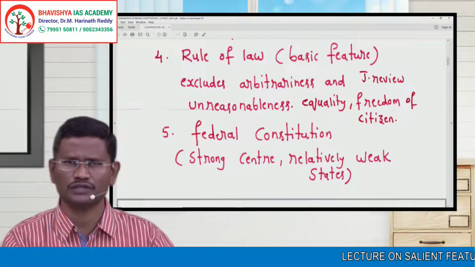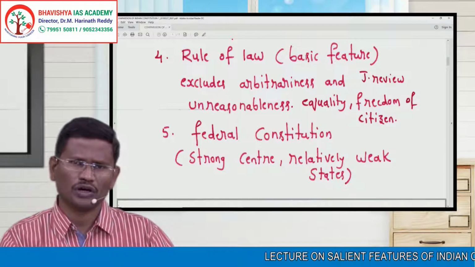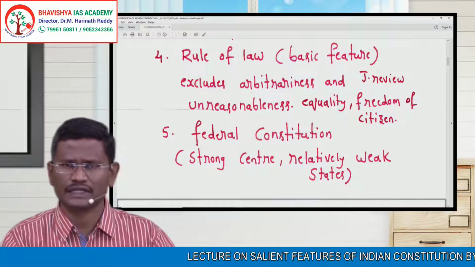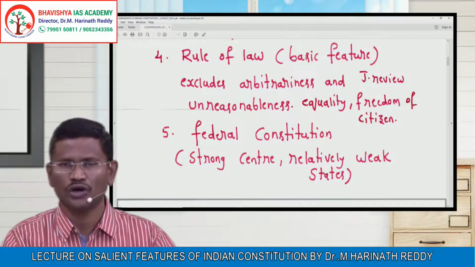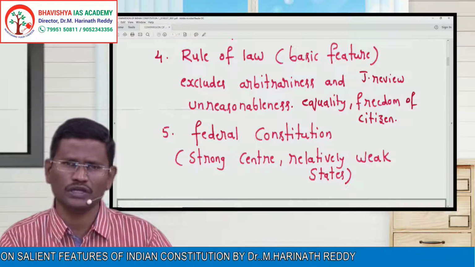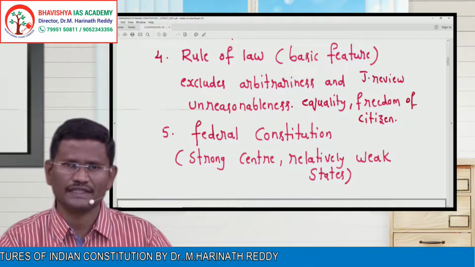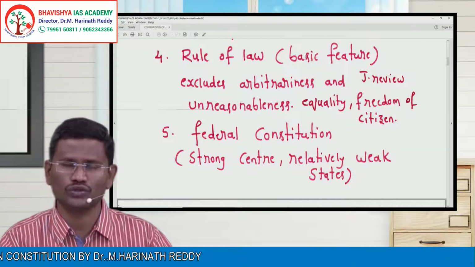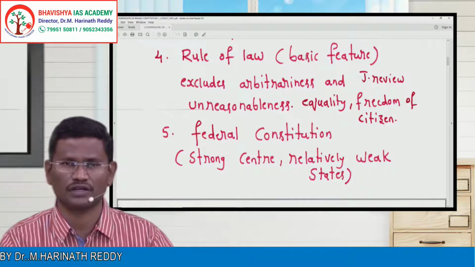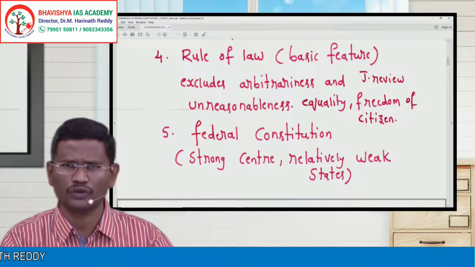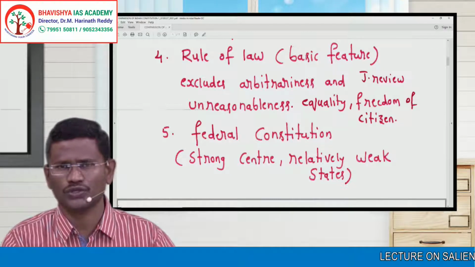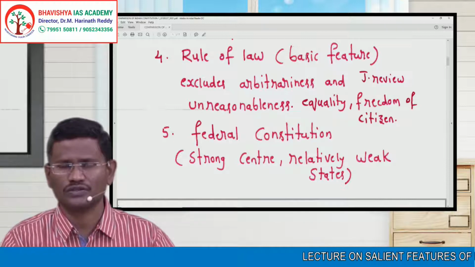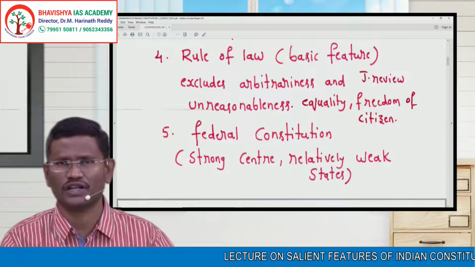In addition to this, the American Constitution provides for indestructible union with the indestructible states. What do you mean by indestructible union? The 50 states in America do not have the right to break away from American Federation. Remember, the American Constitution is silent on the issue whether the states have the right to secede, to break away from the Federation.